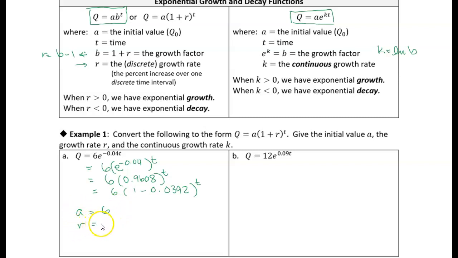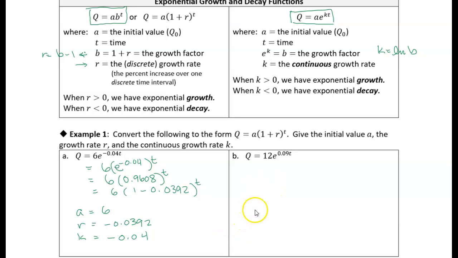R is b minus 1, which we found here, so r is minus 0.0392. And then our k value, we can just read off of the original equation: it's minus 0.04. So if they ask for growth rate, it's r. Continuous growth rate is k. So there's another one, that's part b here.